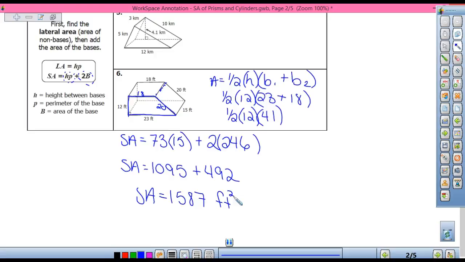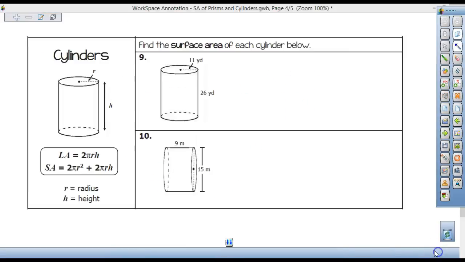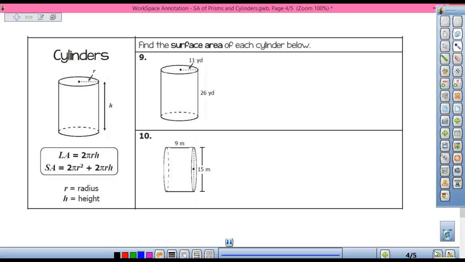All right, let's look at some cylinders. The exact same thing. What is the perimeter of a circle? The circumference, yep, and circumference is 2 pi r. Area of a circle is pi r squared. That's something you have to know by now.